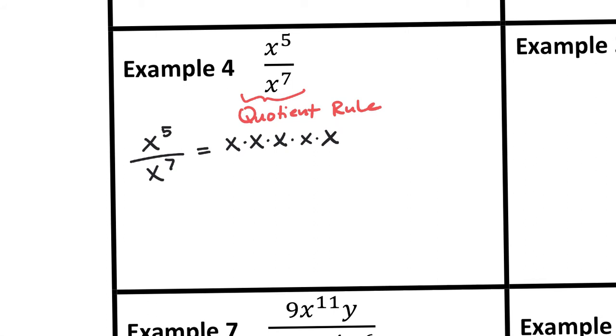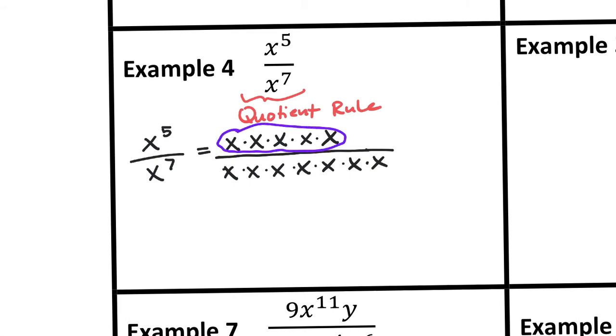We have 5 x's on top, and we're going to end up with 7 x's on the bottom. Okay, but what's going to happen is these 5 x's are going to cancel with these 5 x's.